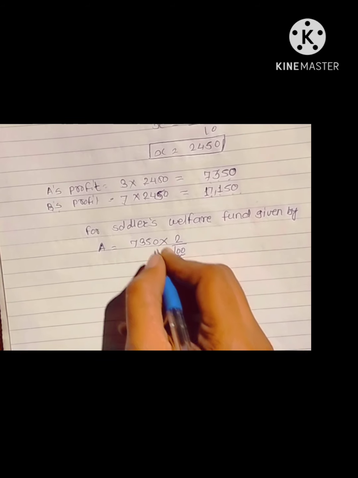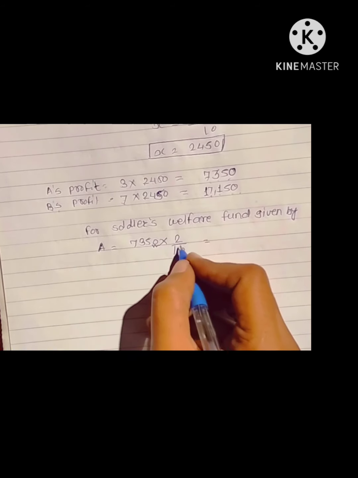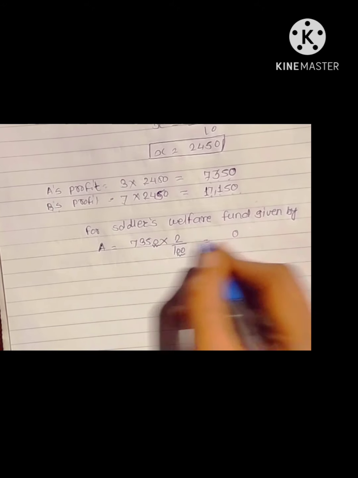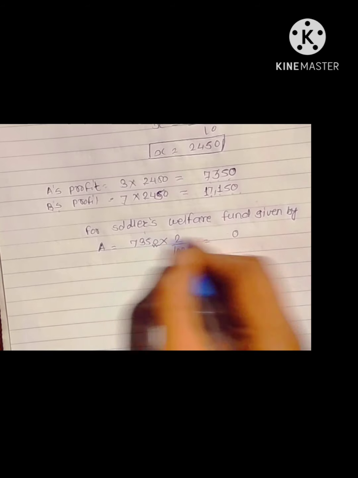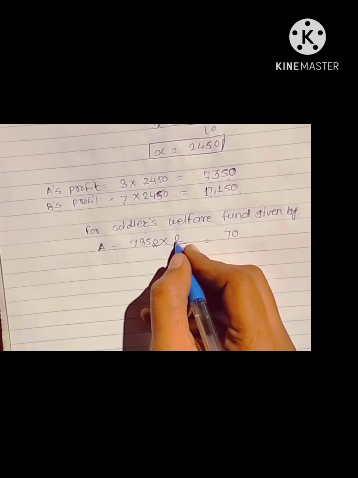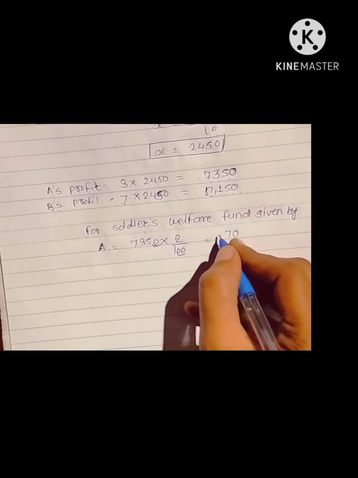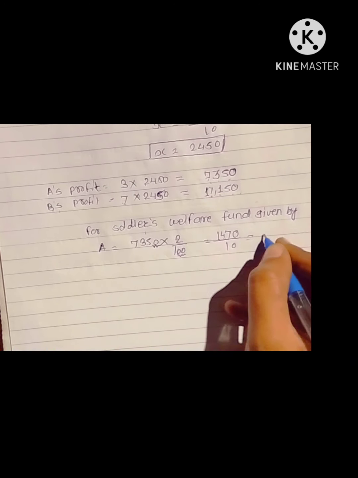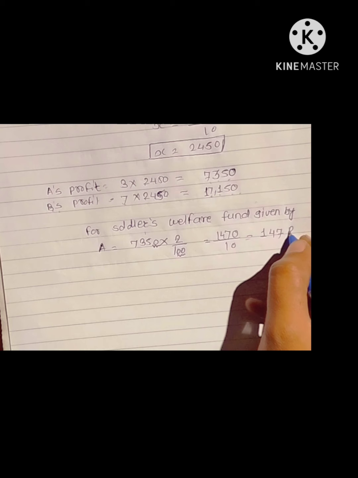So this 0 cancels with this 0. We will take the multiplication of these two numbers. 5 2s are 10, 1 is carried over. 3 2s are 6 and 1 is 7. And 7 2s are 14. So 1,470 upon 10 means 147 rupees.